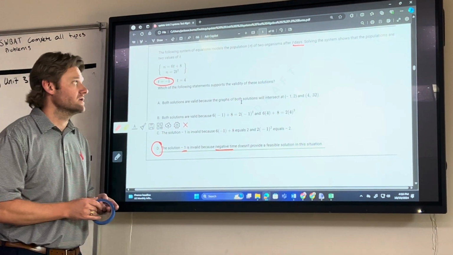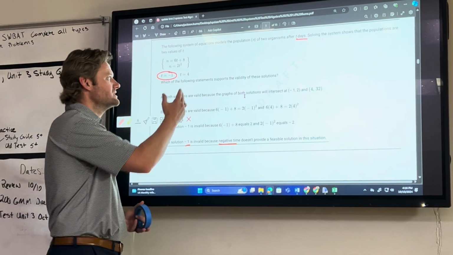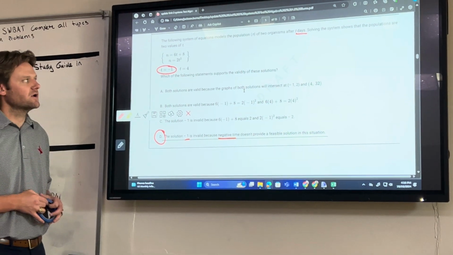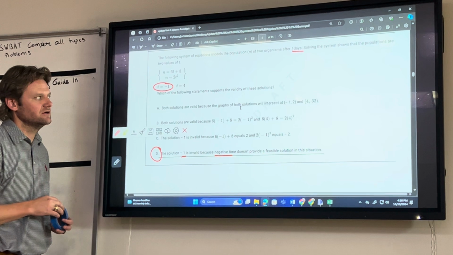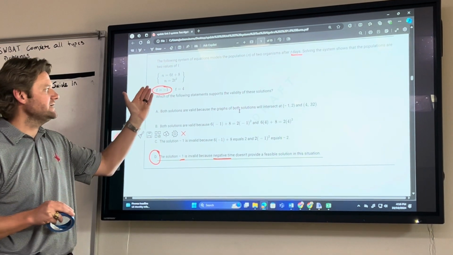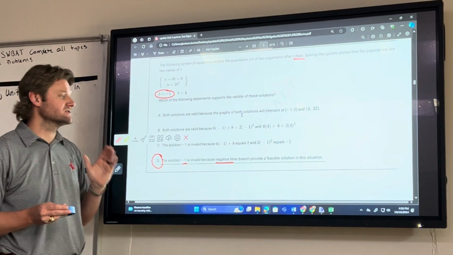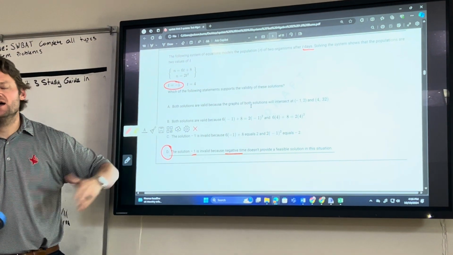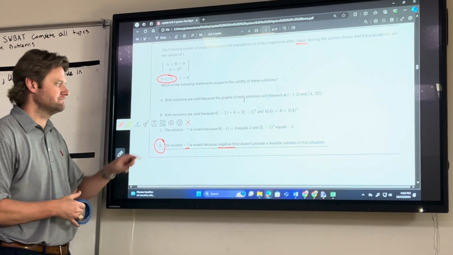All right, so when you get to one of these conceptual quadratic system of equations where you have a quadratic and a linear and you have a negative answer and it's saying your t equals -1, that should be a dead giveaway, understand that that is not feasible because time cannot be negative.